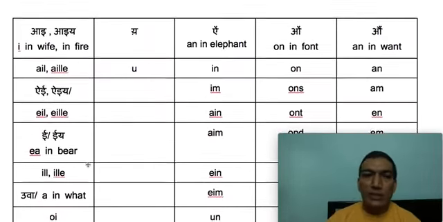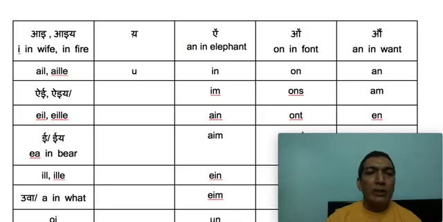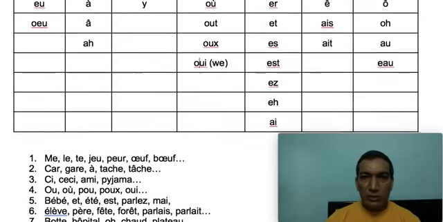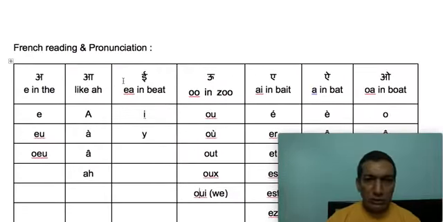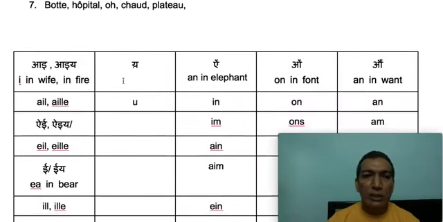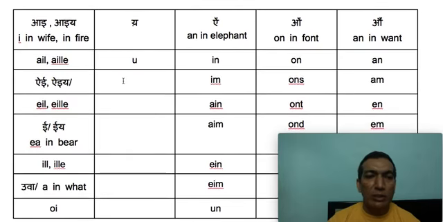Then we come to the next table, which is a bit more complicated than the first table, where you have only the simple sounds. But once you learn them, it is also simple. So I, as in "wife." Whenever you see IL, IL is I, like "wife."